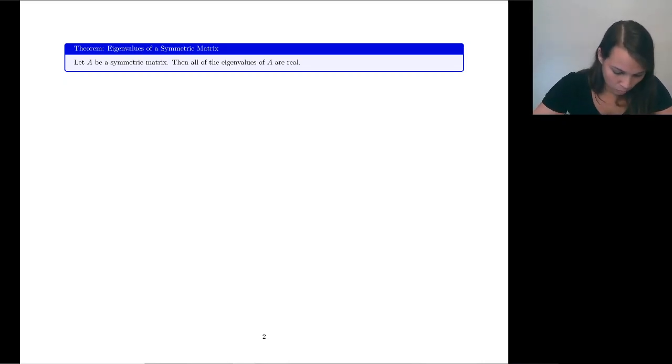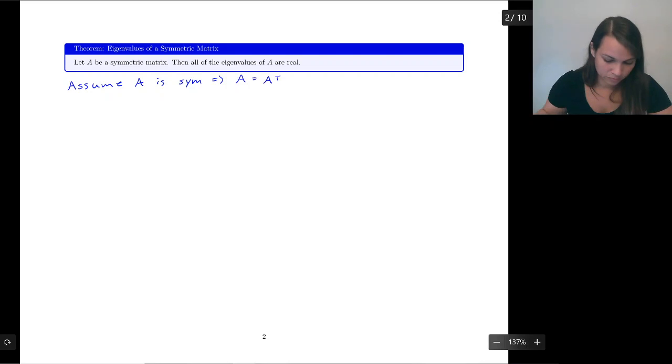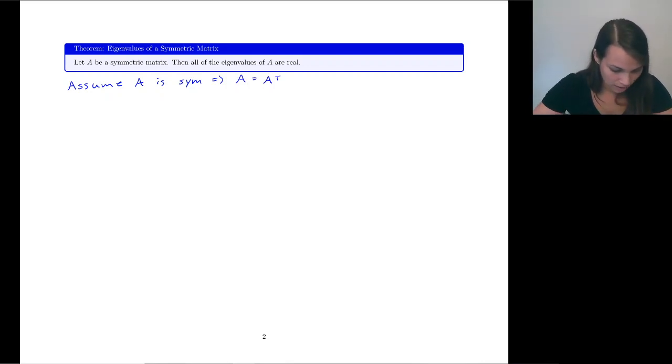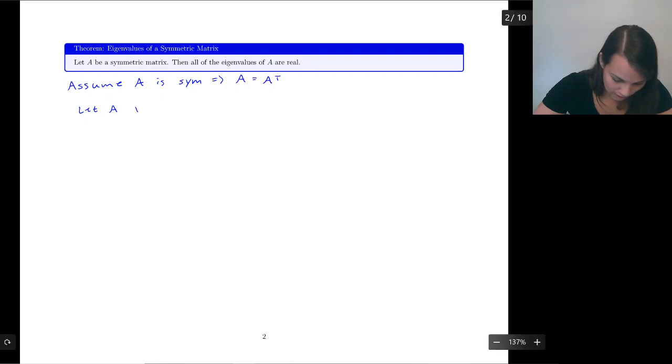Well, we are going to assume what we were told. A is symmetric. So then A equals A transpose. That is what we assumed. Now we want to prove that all the eigenvalues are real, which means we need to get an eigenvalue. We're just going to say let A have an eigenvector v with eigenvalue lambda.